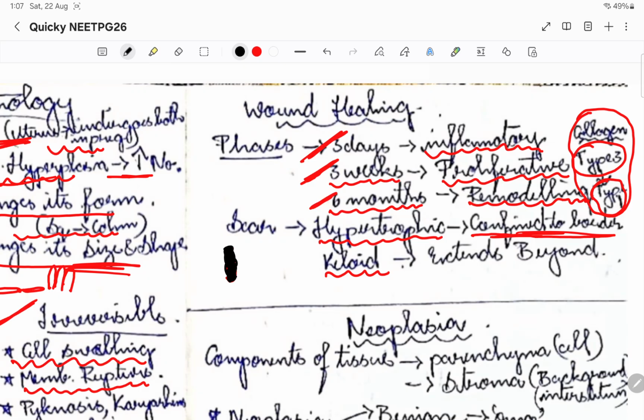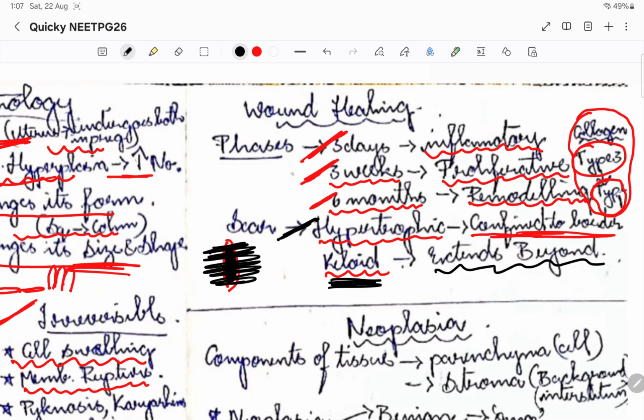That is when we can suspect hypertrophic scarring. But if it is going beyond the border of the wound, if it is scarring like this, then it is keloid scarring. It extends beyond the border of the wound.